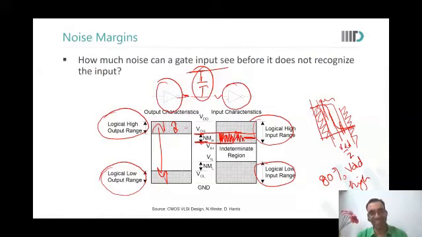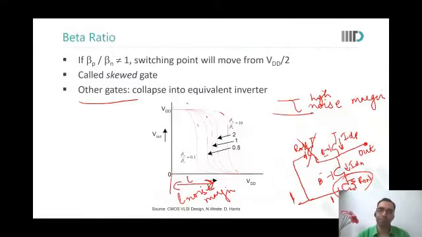Sir, can you please go back to the previous slide once? Yes. Sir, in this graph, suppose we are taking VDD by 2 at the center point, and the graph is the same, beta P by beta N equal to 1.